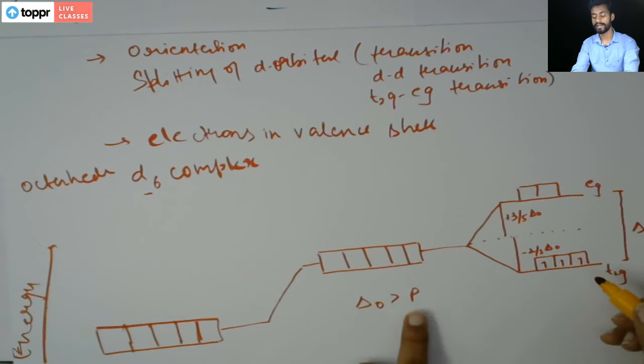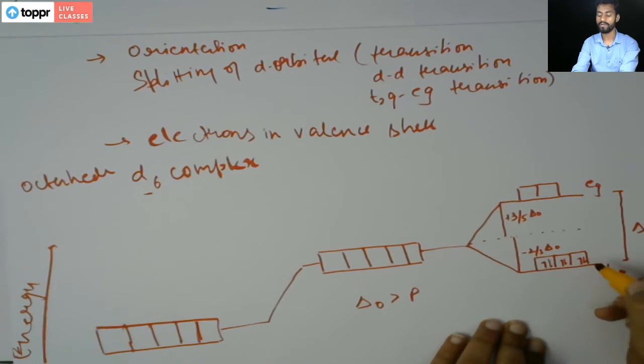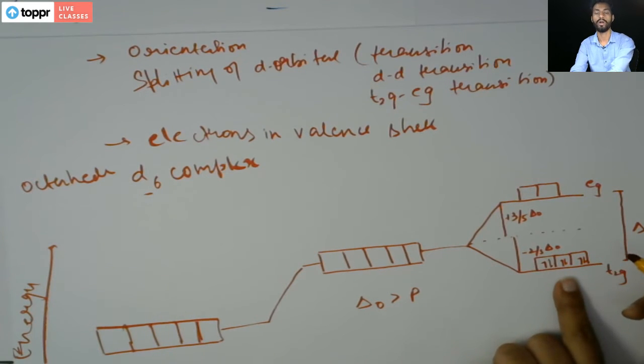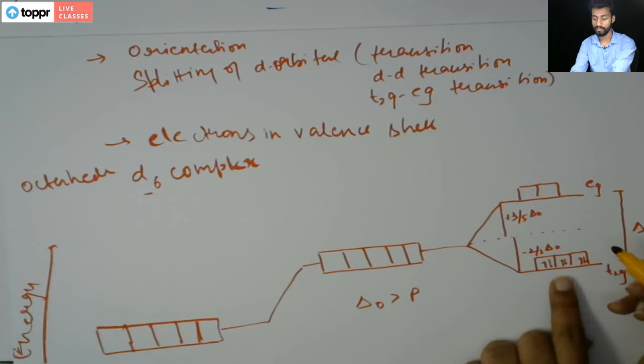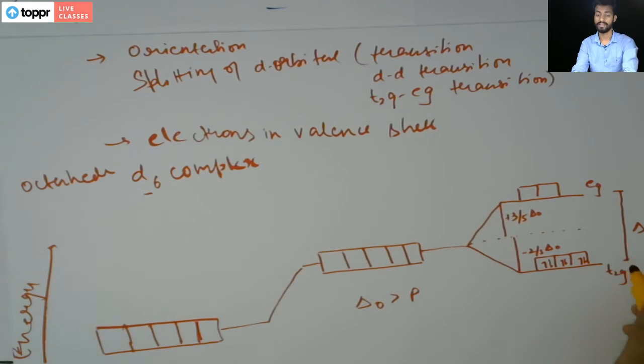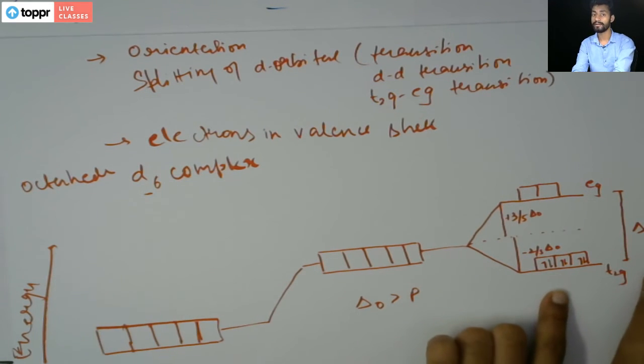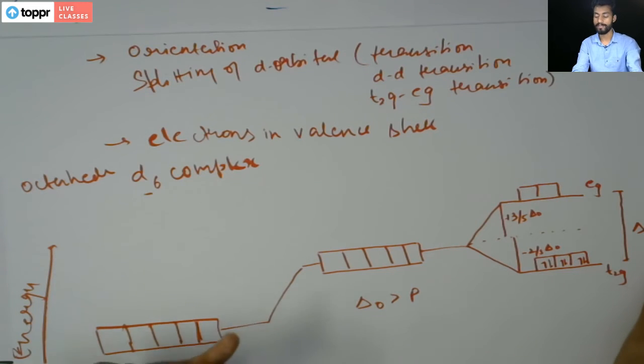Since delta is greater than pairing energy, we will double fill all the lower energy orbitals. So will there be any spin? No. It is a zero spin complex or low spin complex. And the type of ligand? Yes, the type of ligand will be strong field ligands.